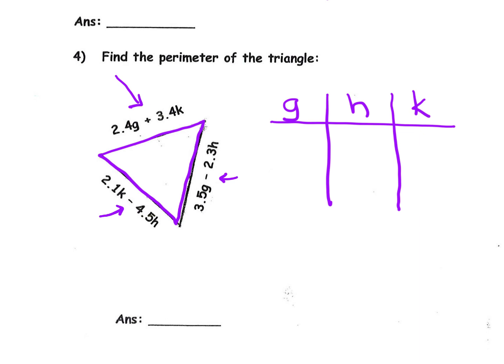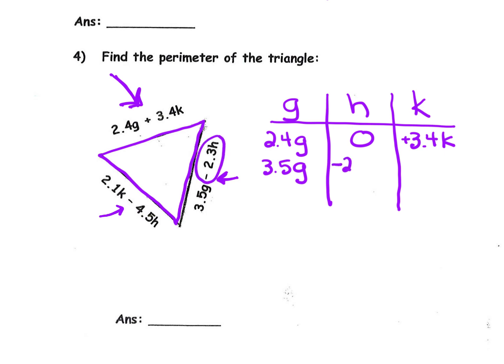Let's organize. Let's start here with our first side. 2.4G, a 0 in the H column, and 3.4K. Our next side, we're going to take 3.5G and negative 2.3H and a 0 in the K column.